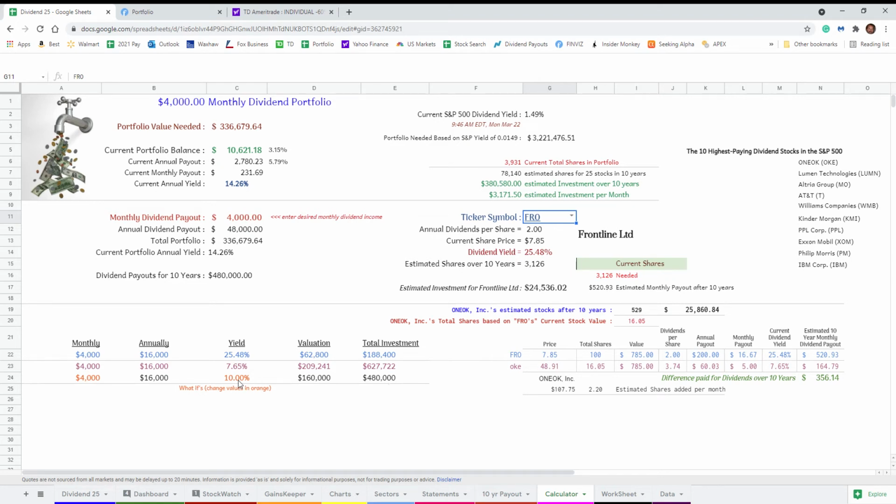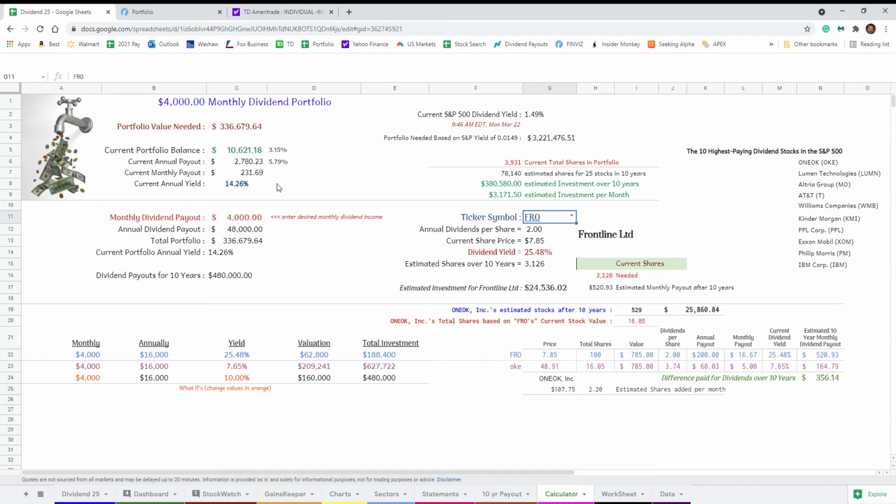Now, again, that's based on a 10% yield. Currently, I'm doing 14.26. So based on the 14.26, my portfolio has to be around 336,679. Little dyslexic there. It's okay.